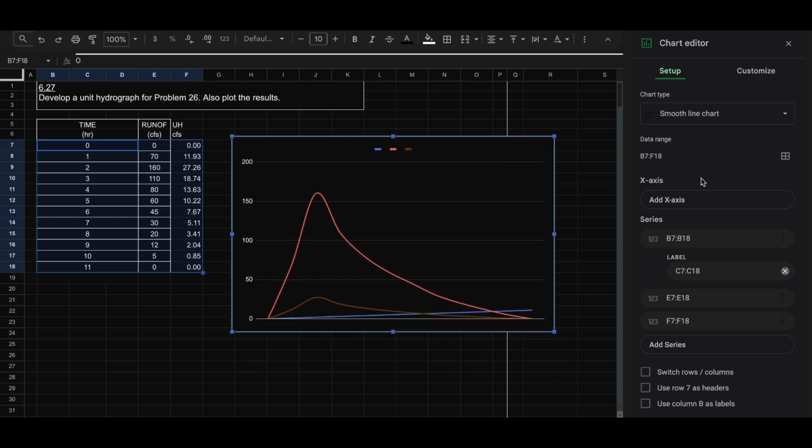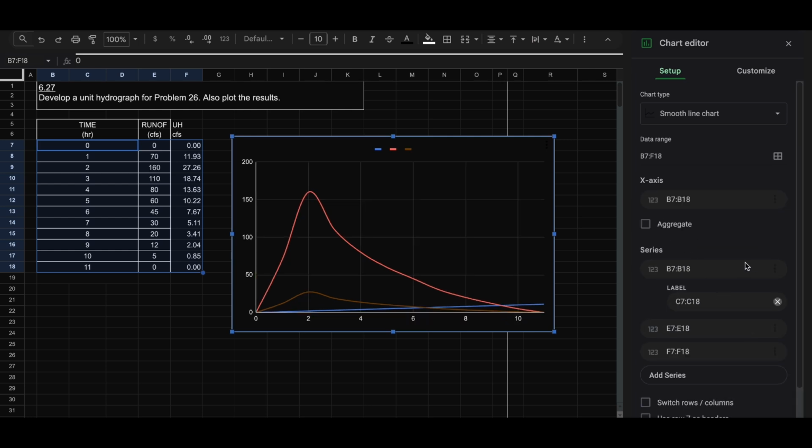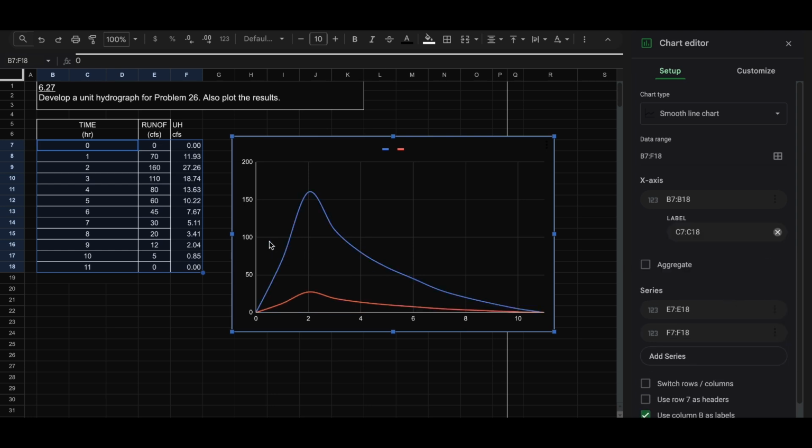And in the x-axis, we want our time, which is in column C. I guess it's any of these ones. This is the x-axis. Let's remove this, and then we want to plot columns E and F. So let's remove this one, and here we go.